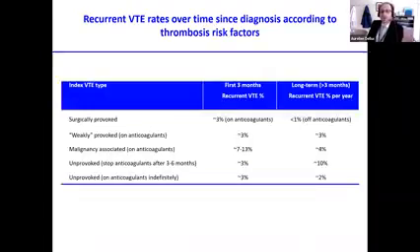I don't want to go through all the clinical situations, but this table is to show that despite our best anticoagulation therapies, despite our best management for stratifying the risk for venous thrombosis recurrence in our patients, on treatment and off treatment, there was still a significant number of patients who will have a thrombotic recurrence.